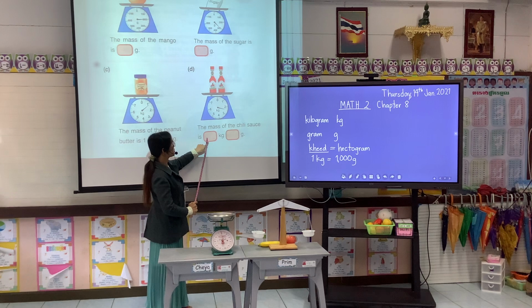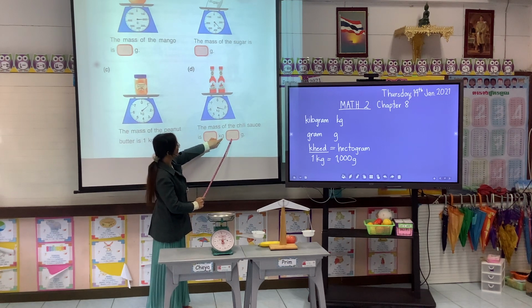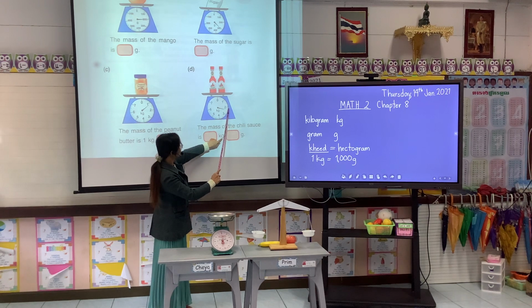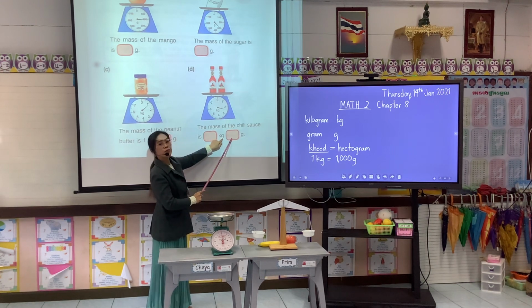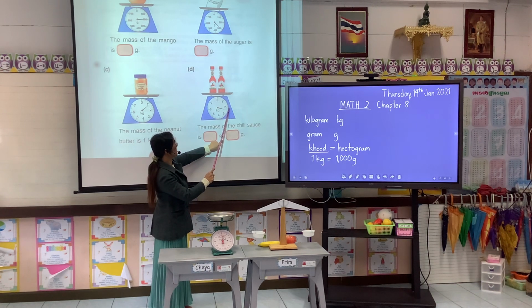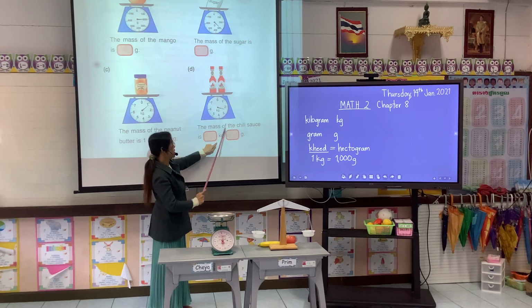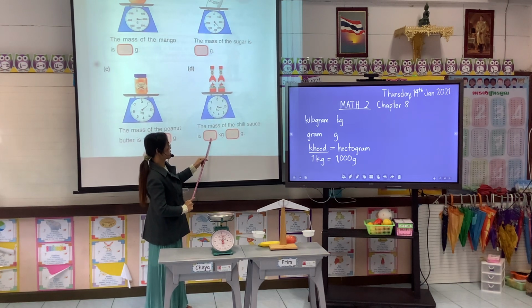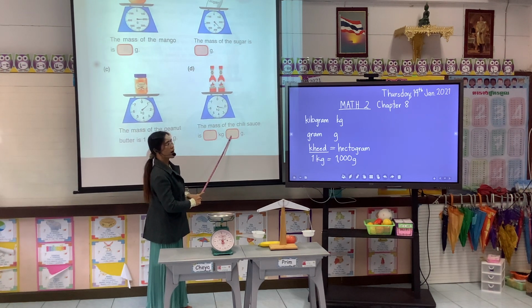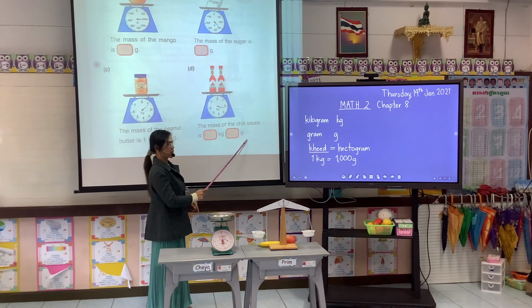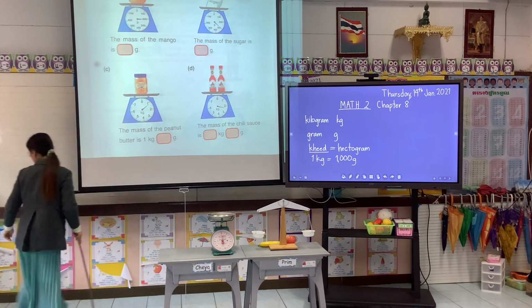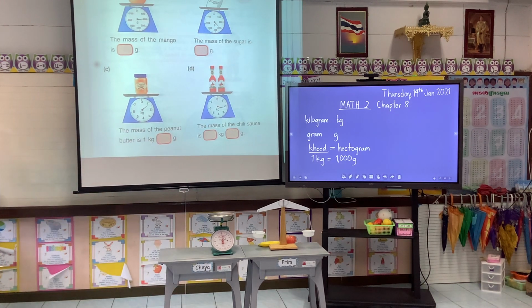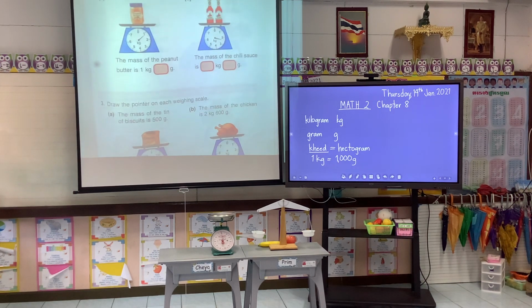Write down 2 kilograms. And how many grams? 100, 200, 300, 400. So 2 kilograms and 400 grams. That is the mass of the chili paste.